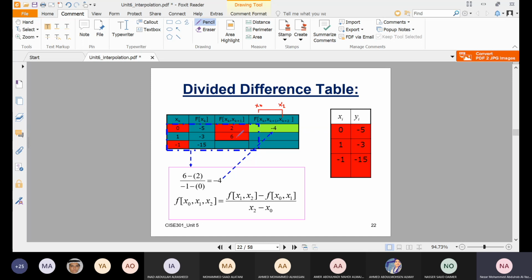So this will be the divided difference between x2 and x1, which equals 6, minus the divided difference between x1 and x0, over the maximum interval now. I will not take 1 and 0, I will take x2 and x0.